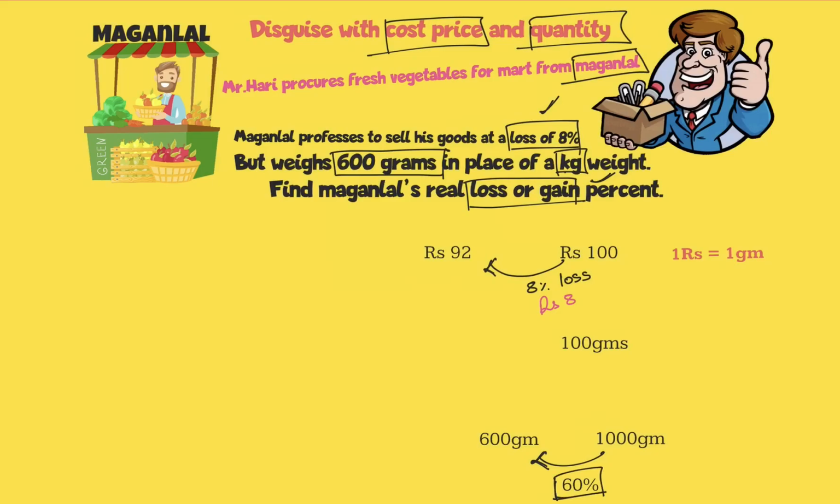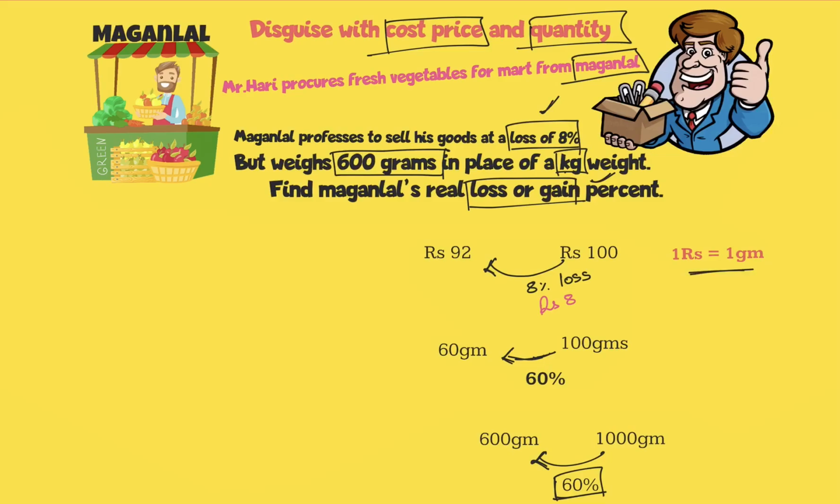That is what is happening right now. Which means you will think that he is giving you 100 grams, but he will give you only 60% of 100 gram. And what is 60% of 100 gram? He will give you only 60 gram. So you think that you are getting 100 grams, but you get only 60 gram.